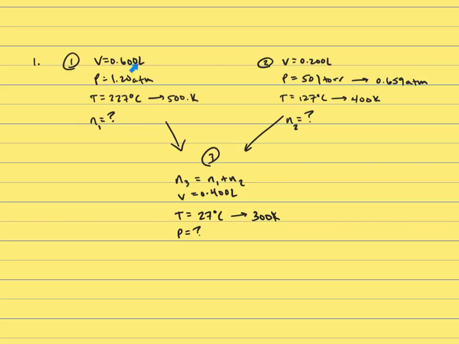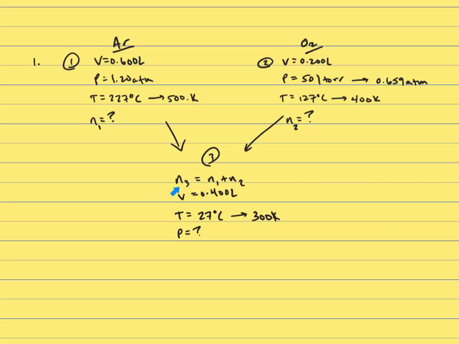They give you situation number 1 and tell you this is for argon, and they give you all the details of it except for the number of moles. And they give you a second set of conditions and say this is for oxygen, and they give you everything except for the number of moles. And then they say if we add them together, what's the pressure in the flask? So what we need to do here is figure out how many moles of argon I have and how many moles of oxygen I have.